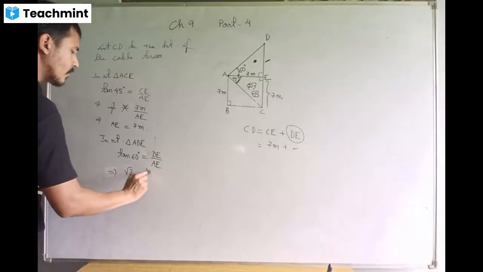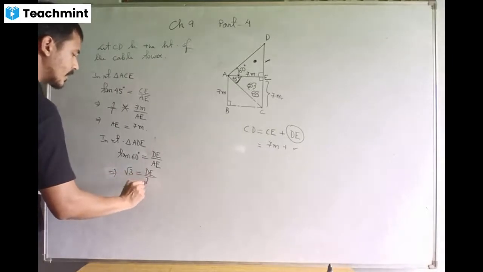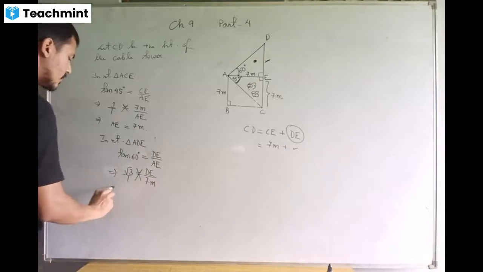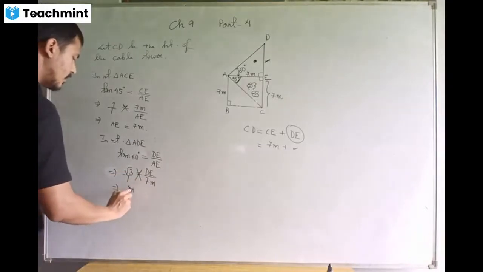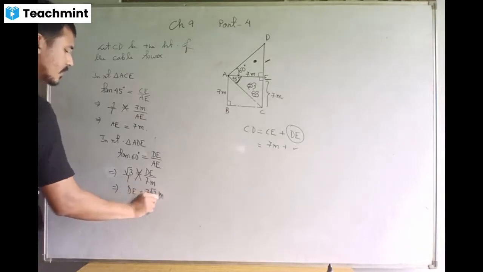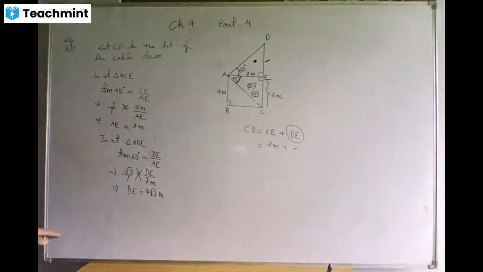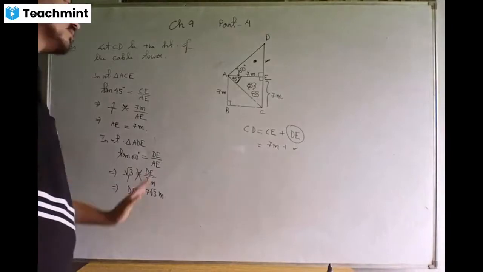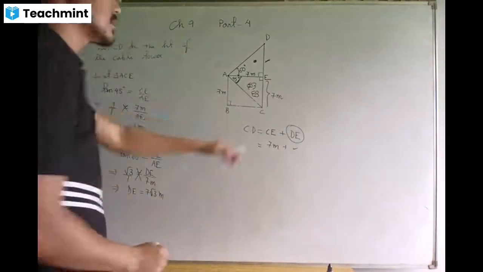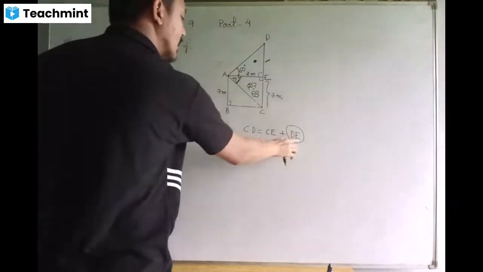DE is unknown, and AE is obtained to be 7 meters. So if you cross multiply, DE will be equal to 7 square root of 3 meters. Therefore, the height of the cable tower CD means CE plus DE.